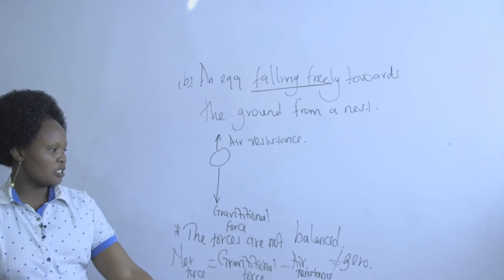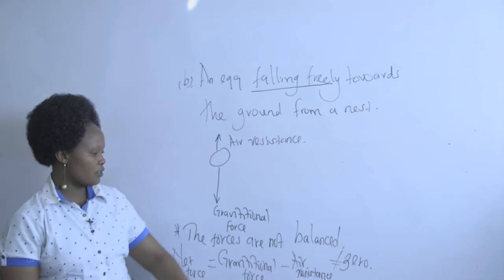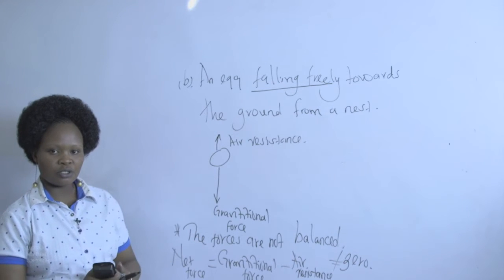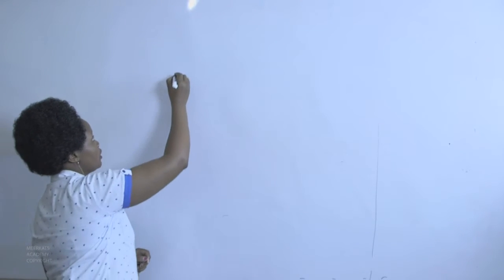Therefore, whatever force that will result when we get the difference between the two is what dictates the speed with which the egg is going to fall. Let's look at yet another example.